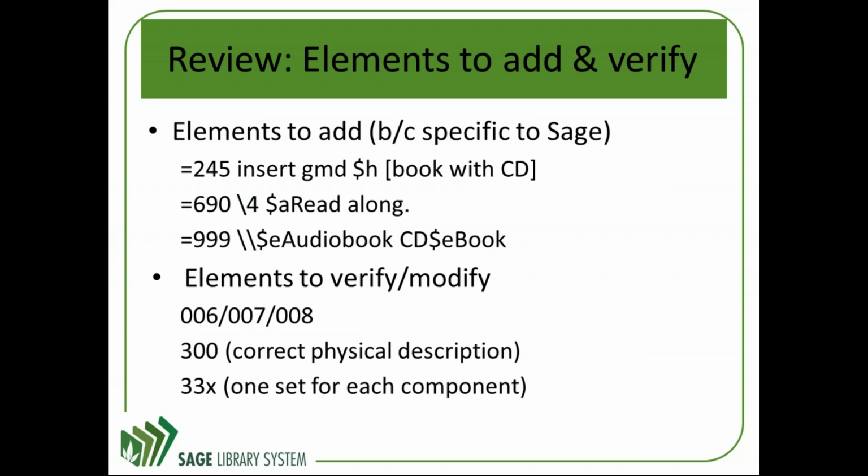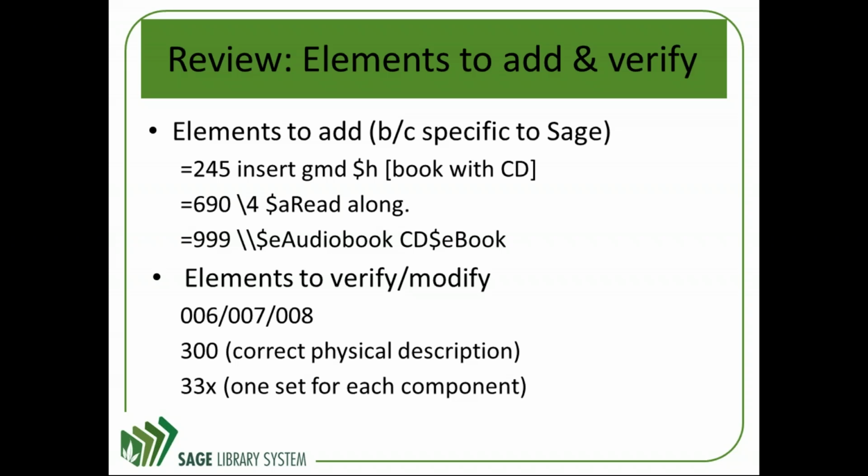Just want to finish up here before we move to specific examples. Just a quick review of the things that we need to add and verify to records. So there are specific elements that need to get added because they're specific to Sage.